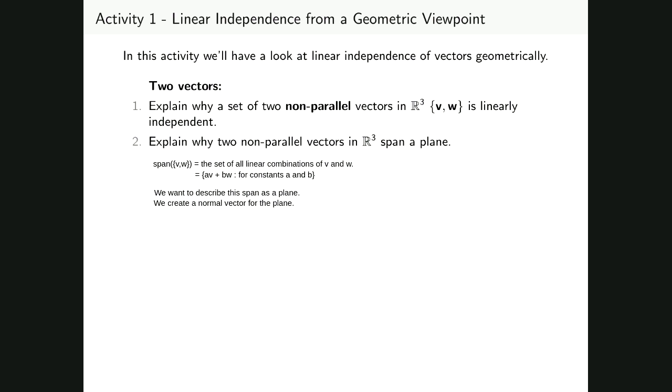So this is the cross product of v and w. Okay, this has the property that its inner product with v and its inner product with w is 0. Right, so this is orthogonal to both of those things.